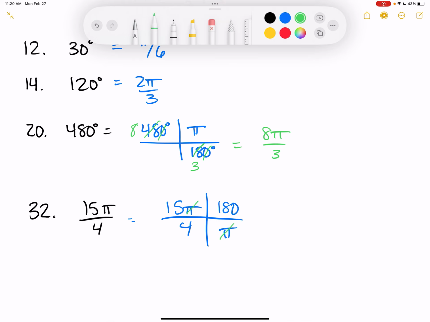My pi's cancel. 4 goes into 180 how many times? 45. 45 times 15 is? 675. And obviously, if it's negative, your answer is still going to be negative.